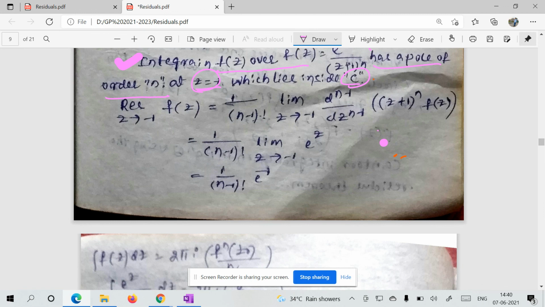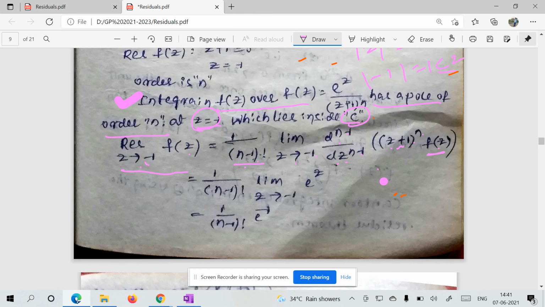Now I am going to find the residue of f of z at z equal to minus 1: 1 by n minus 1 factorial, limit z tends to minus 1, d power n minus 1 by dz power n minus 1 of z minus z naught whole to the power of n into f of z. Z naught value is minus 1, so z plus 1 whole to the power of n into f of z, where f of z is e power z by z plus 1 whole to the power of n.